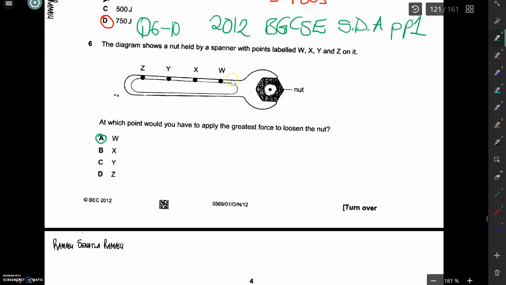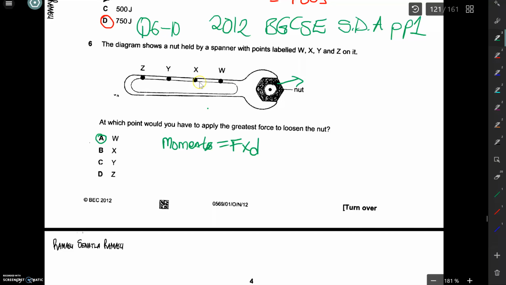This question is to do with the principle of moments, and a moment is given by force times distance. So to get the moment you need to loosen this nut, you either have to increase your force or your distance.